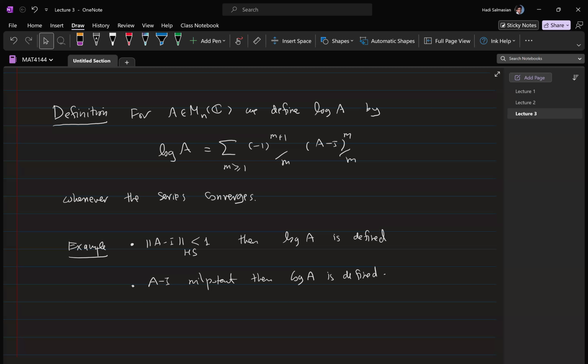The exponential map maps a neighborhood of zero to a neighborhood of the identity. And around there you can have the log map defined, because A minus I should have norm less than 1. So the image will be close to the identity, and the log will bring it back near zero. So neighborhoods of zero and neighborhoods of identity are now in correspondence.